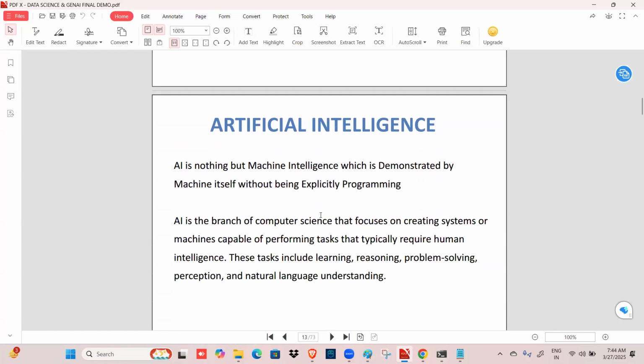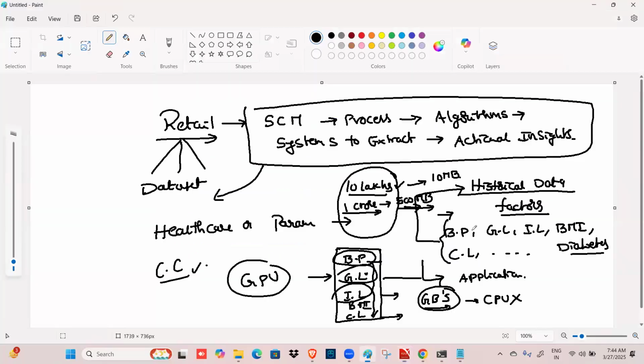Also career changes and hobbies and enthusiasms. And when it comes to AI, there are many definitions. Everyone has their own definition, but here AI is nothing but machine intelligence, which is demonstrated by the machine itself without being explicitly programmed. So here we are not providing any explicit program. How? Look at this one. This is an application, this diabetes is an application. While processing this data, while doing some kind of analytics, I'm using different types of libraries or packages.